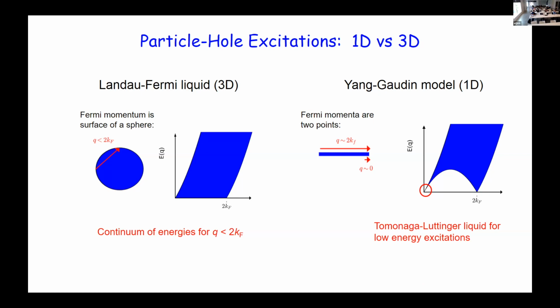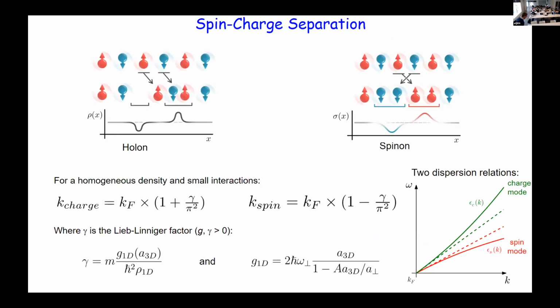So we can have excitations about Q equals 0 or about Q equals 2kF, but they are all at low energy, they are all linear. And the linear means that they're sound-like waves, sound-like excitations.